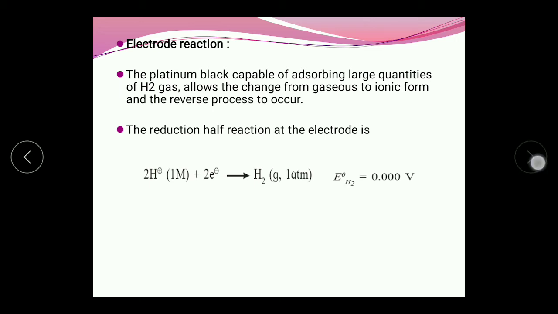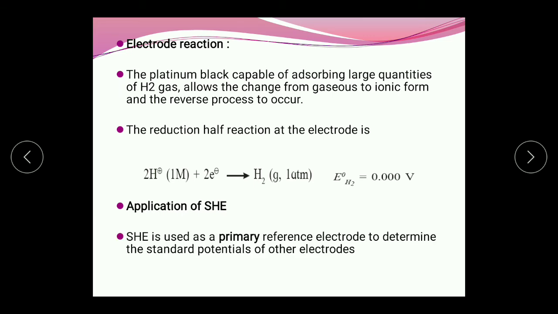Now, we will see the applications or uses of a standard hydrogen electrode. It is used as a primary reference electrode, a very important use, to determine the standard potentials of other electrodes. That means we can connect SHE to any other electrode of our choice.